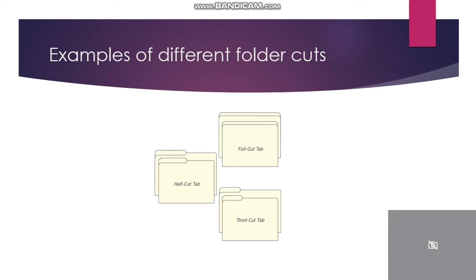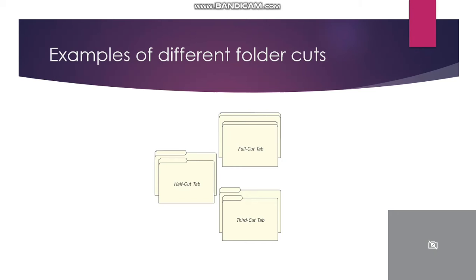Okay, so there are examples of different folder cuts. It can be as little as a half cut, it can be a full cut, or it can be a third cut tab. What these are basically are the tabs on the folder.